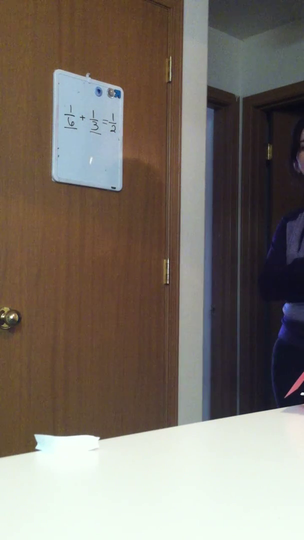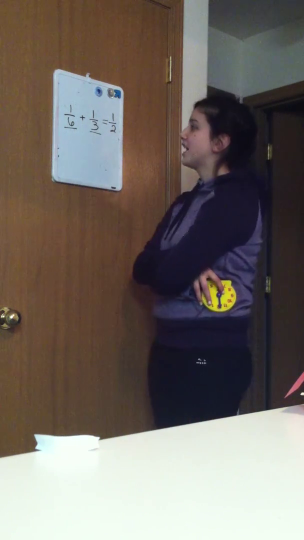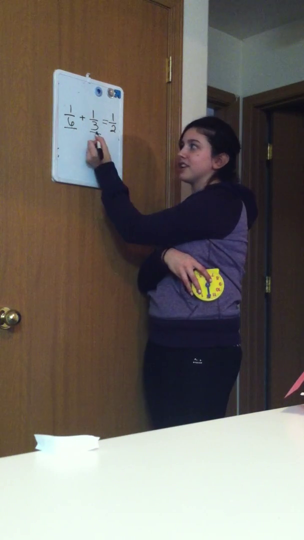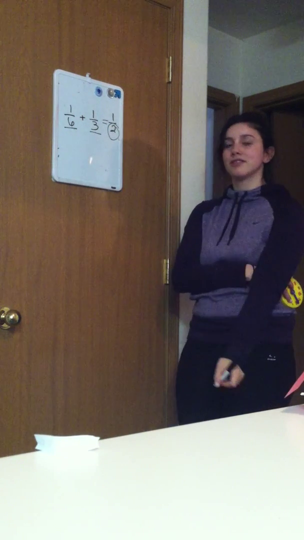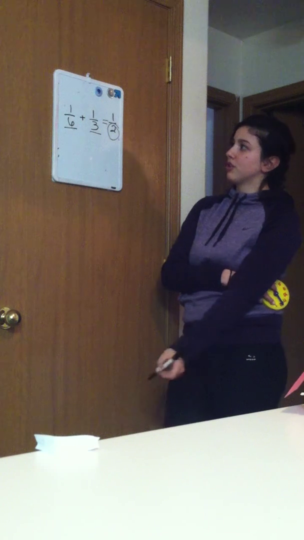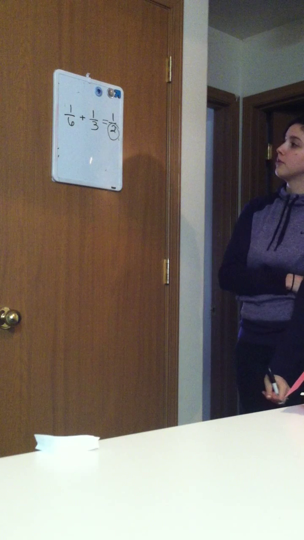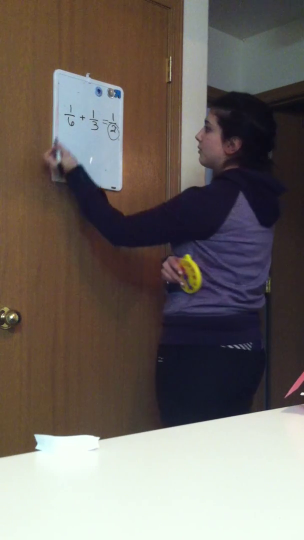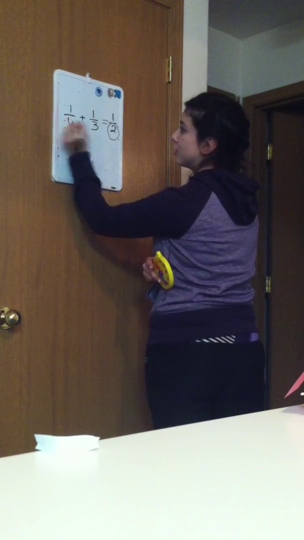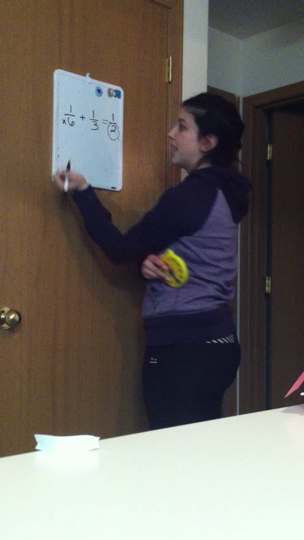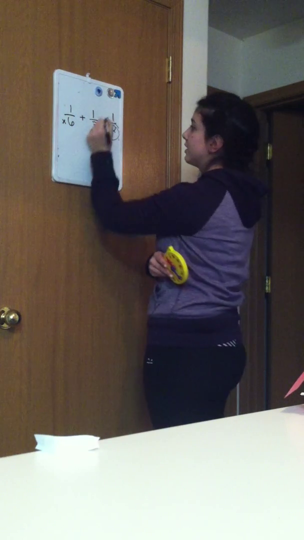Now, how did we get that? We added fractions, but the denominators don't look the same, right? So, what did we learn last time about common denominators? You have to make the denominators the same to add a fraction. So then we have to use the multiplicative rule to multiply and make them the same. So what would we multiply here, each side by?